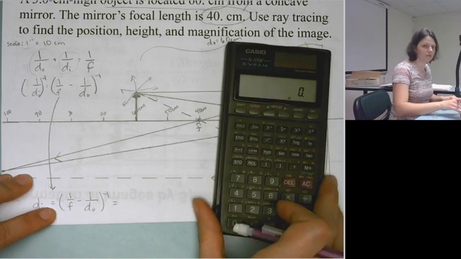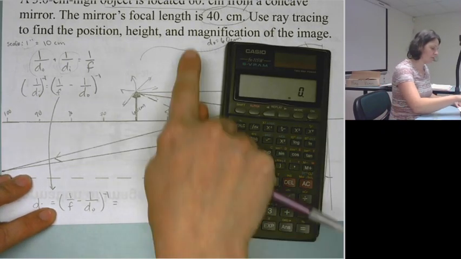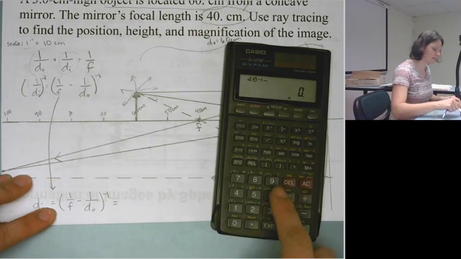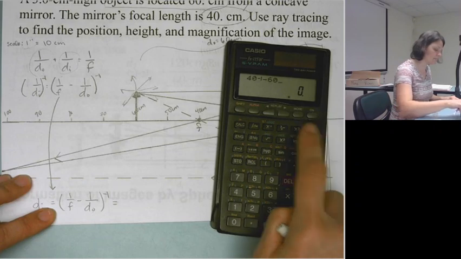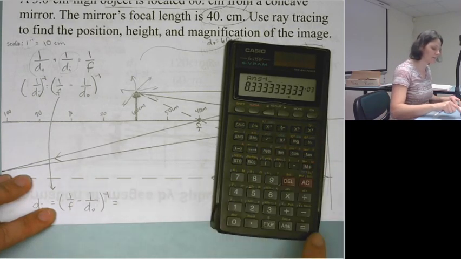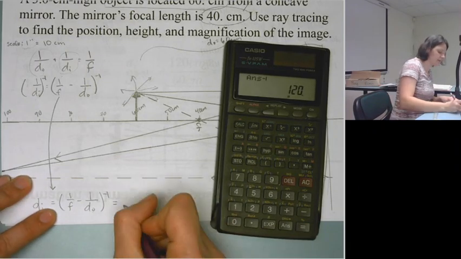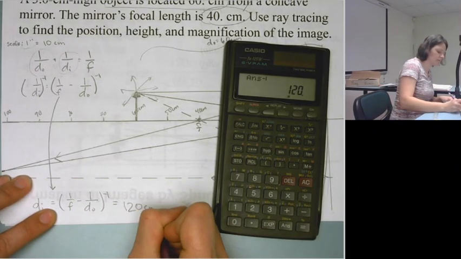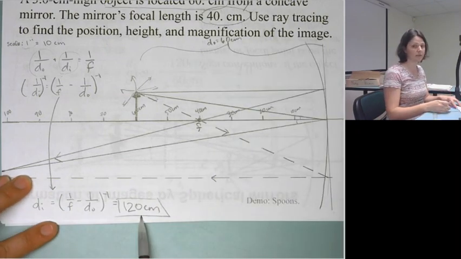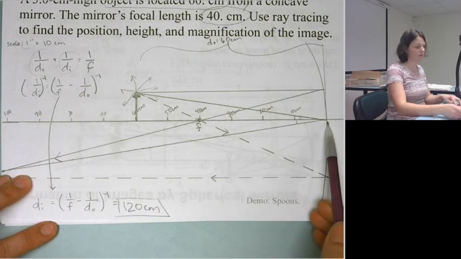So I will do 40 to the -1 minus 60 to the -1. I push enter, and now I want to take to the -1 of that whole thing. That is 120. So my image distance should be 120 centimeters away from the mirror.